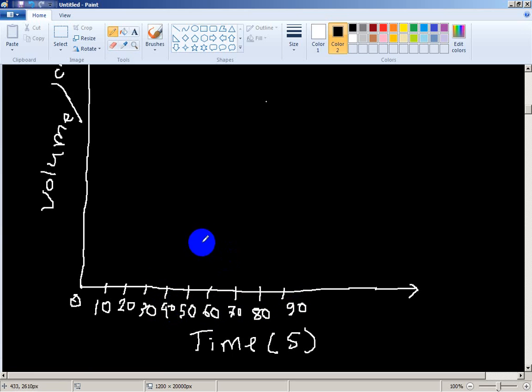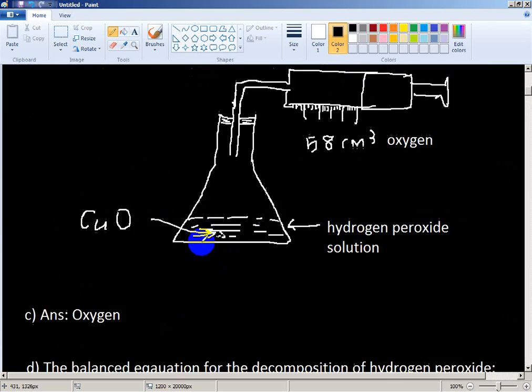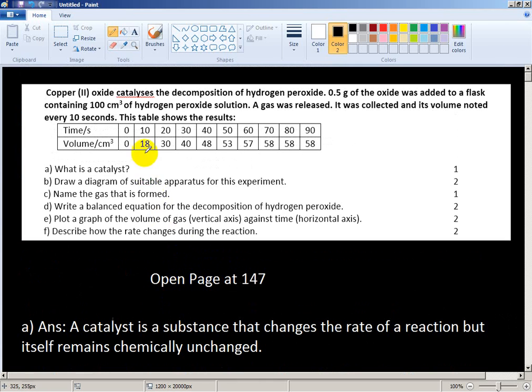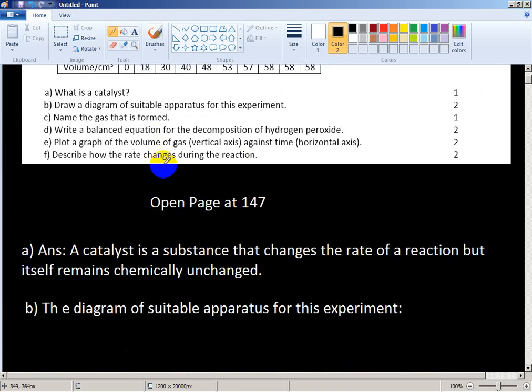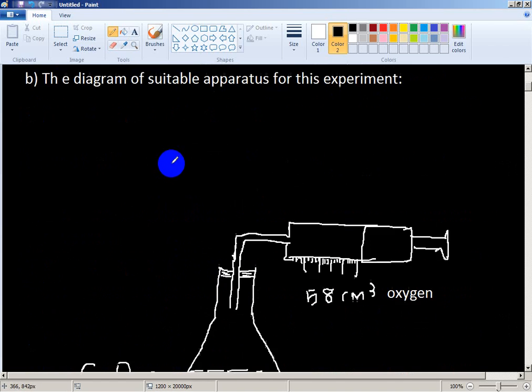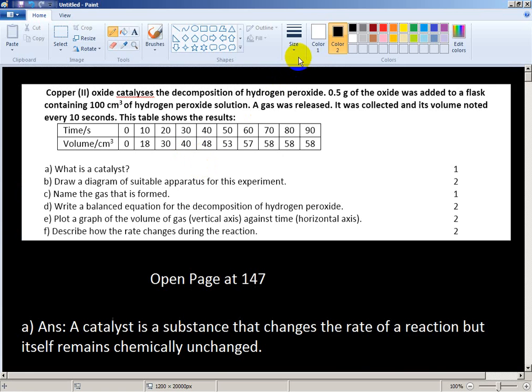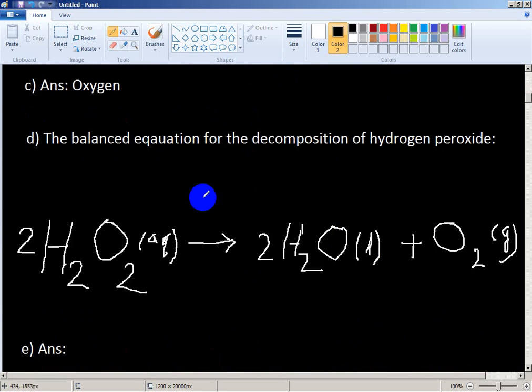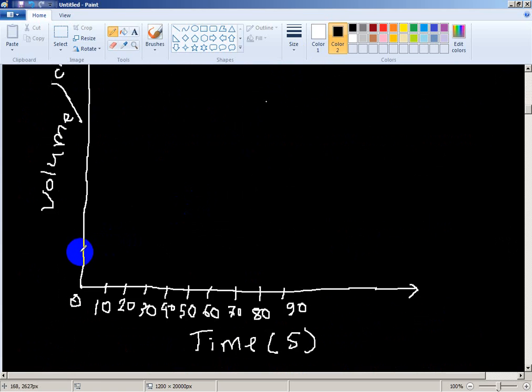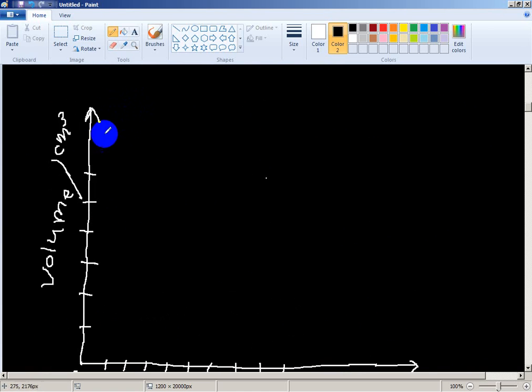Okay. What is volume? Volume goes from 0 up to 60 or 70. Every section is 10, and the highest I'll give is 60. Like this: 10, 20, 30, 40, 50, 60, 70.